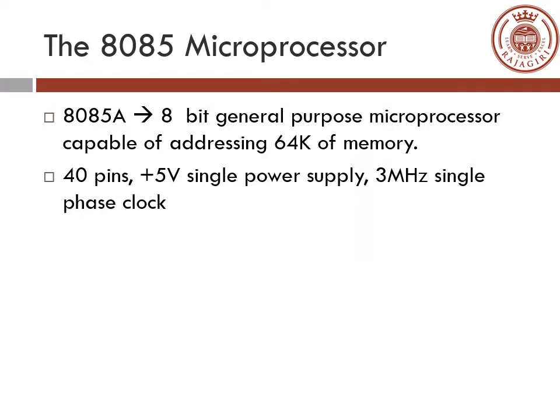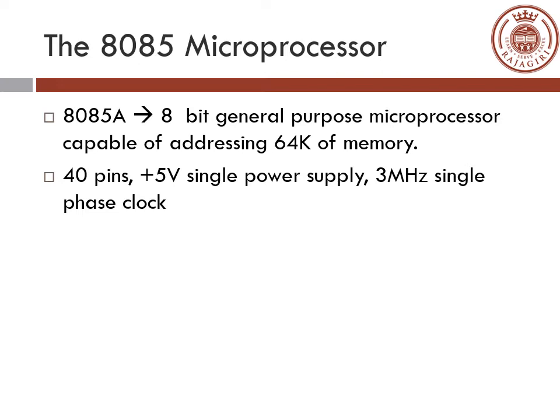8085 is an 8-bit general purpose microprocessor, which means that it can do computations on 8-bit data. So the data bus is of size 8 bits, and it is capable of addressing 64 kilo locations of memory.